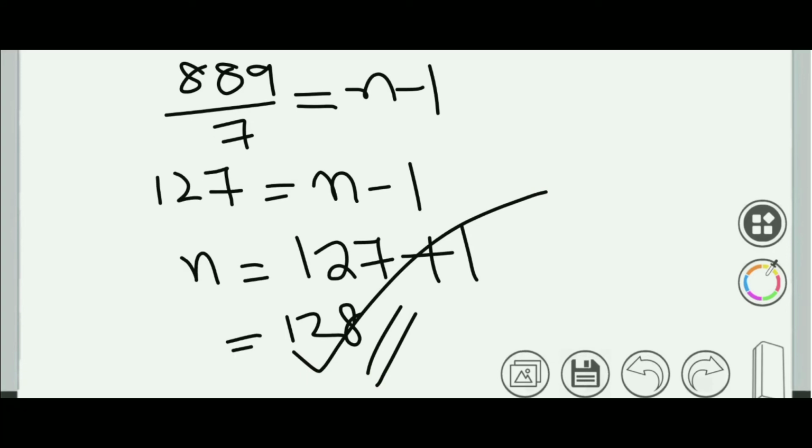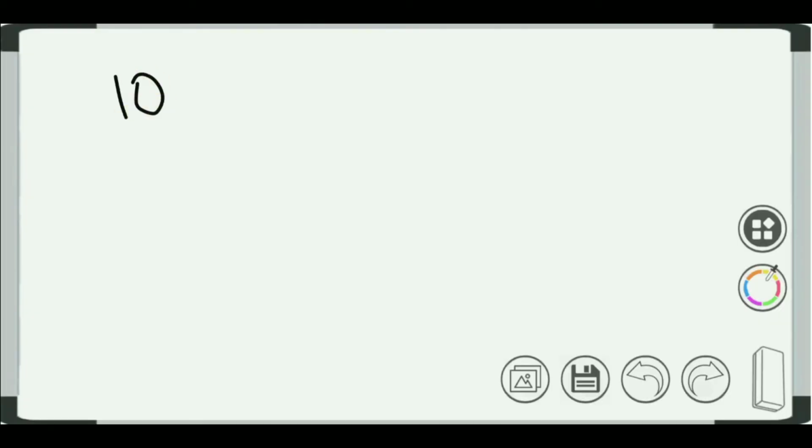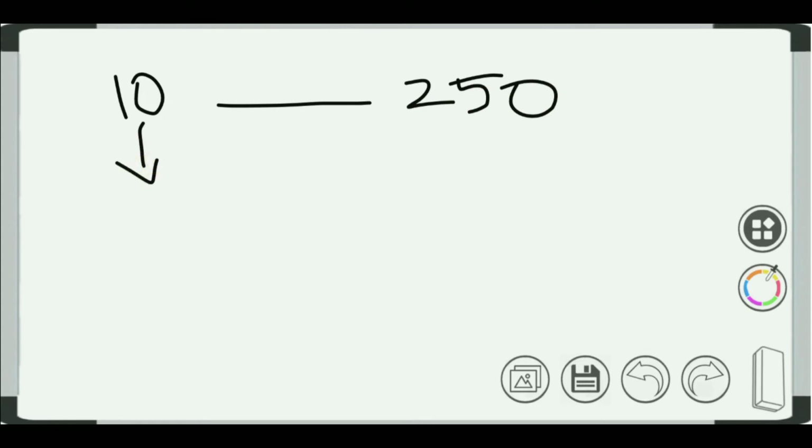Okay. 14th one. How many multiples of 4 lie between 10 and 250? So between 10 and 250, you need to find how many multiples of 4 are there. So tell me, is 10 a multiple of 4? No. So after 10, which is the number which is a multiple of 4? 4 3s are 12.